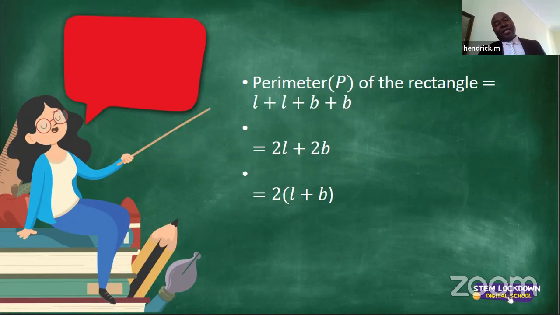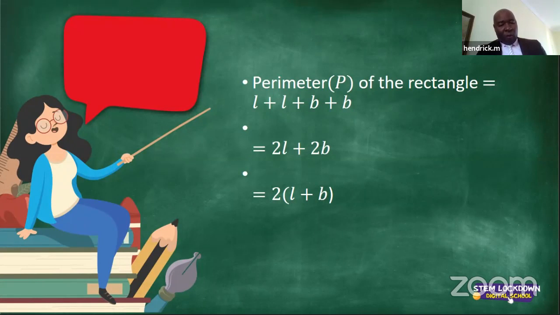Let's say that the length, like we did with the first example that I started with, is 6 centimeters and the breadth was 4. Now you can substitute 6 for the length and then 4 for the breadth.